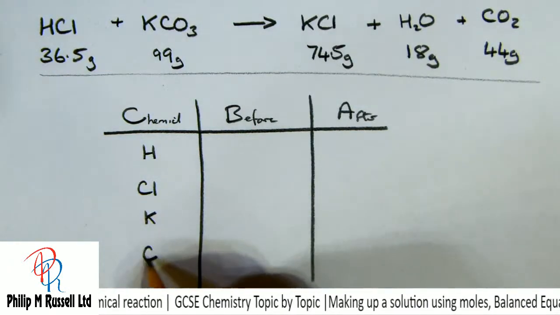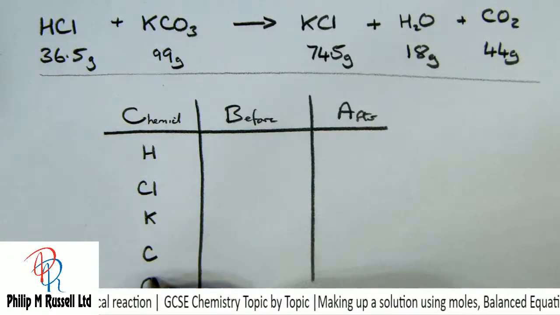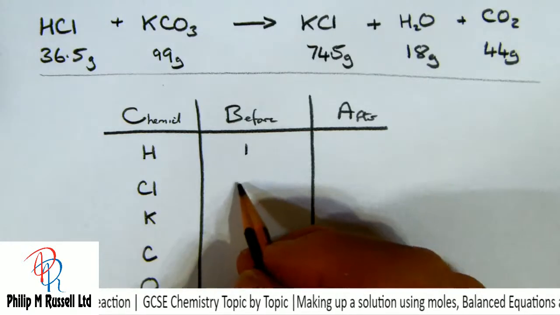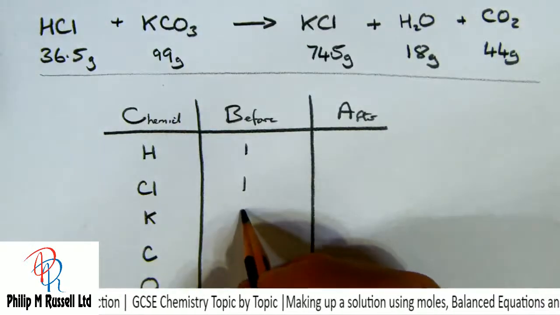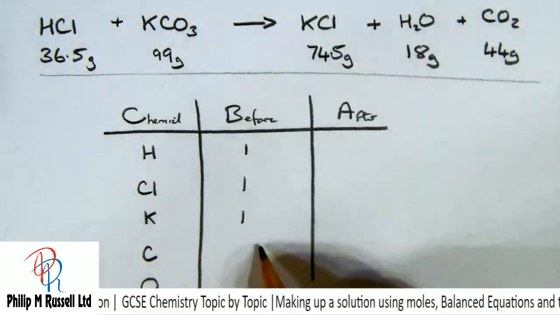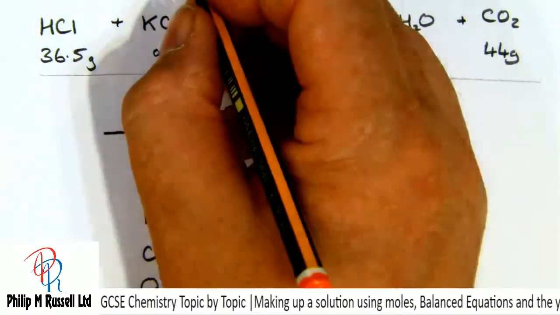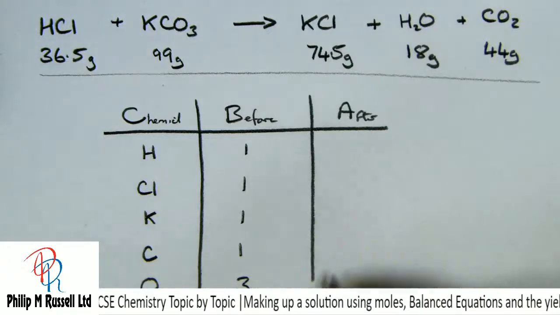K, C and O. Hydrogen, before I've got 1, chlorine I've got 1, potassium I've got 1, carbon I've got 1, and carbonate, the oxygen, I've got 3.